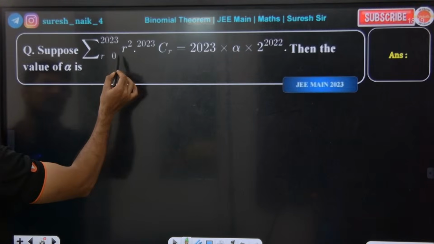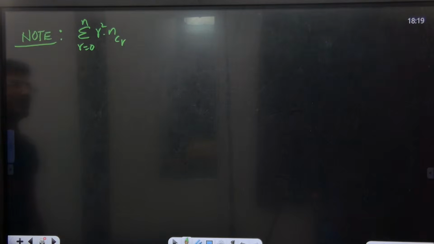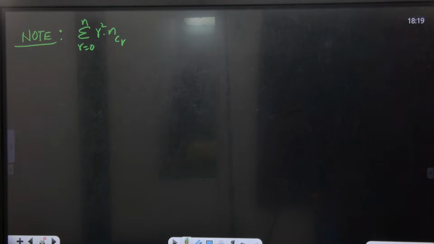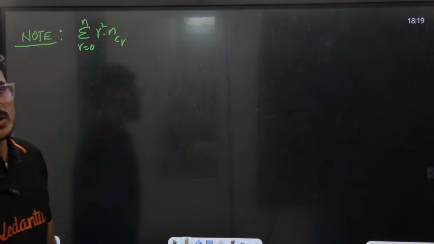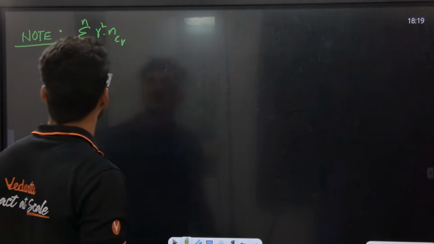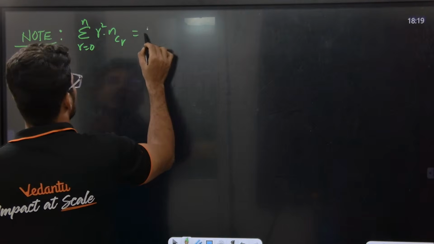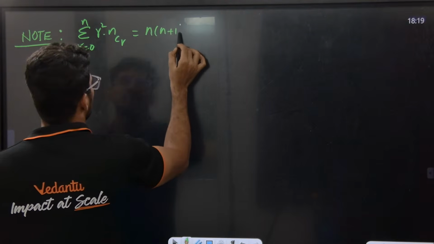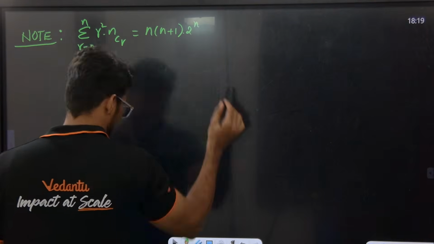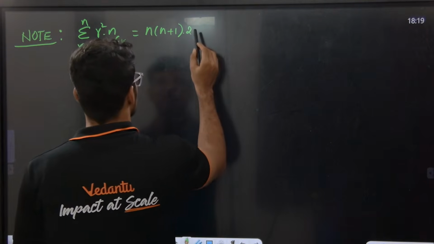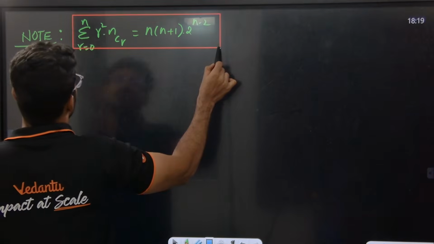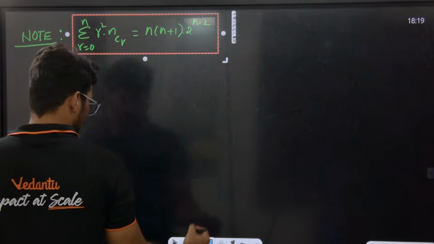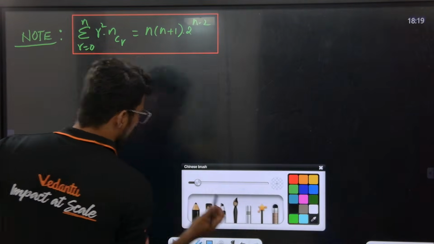The question is the r square into nCr formula. For r square into nCr type questions, I will always be using one formula: n into n plus 1 into 2 power of n minus 2. Why 2 power of n minus 2? Very important result. You need to remember this. I'll teach the proof. Listen to the class.